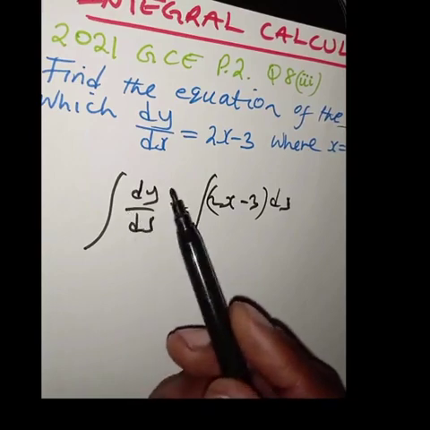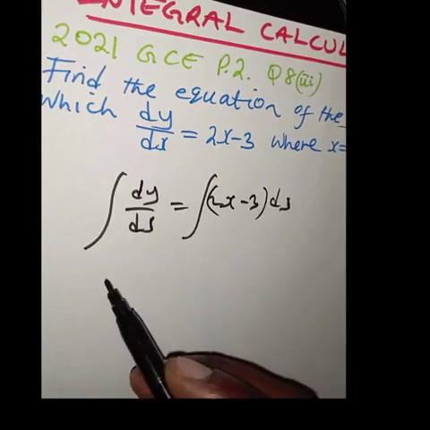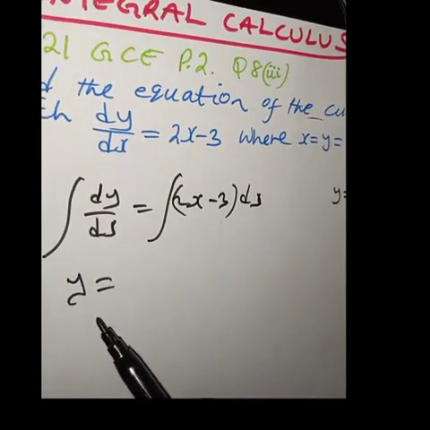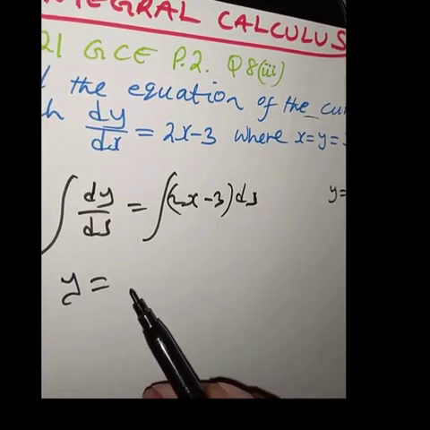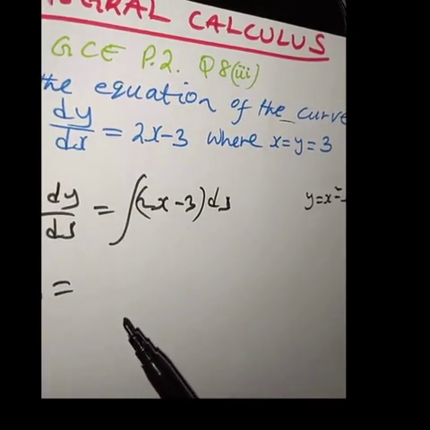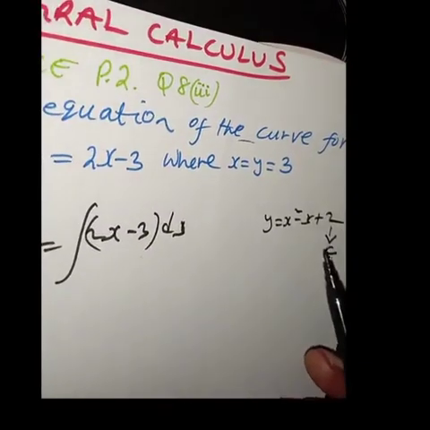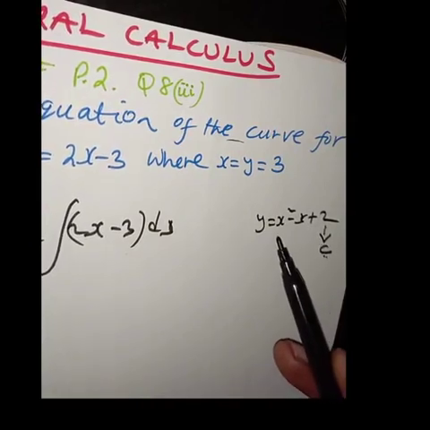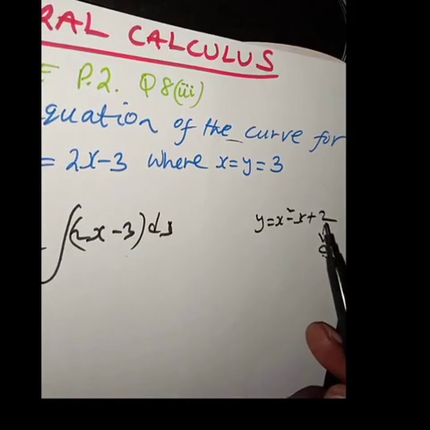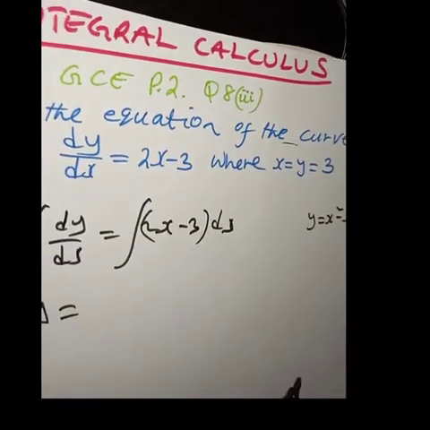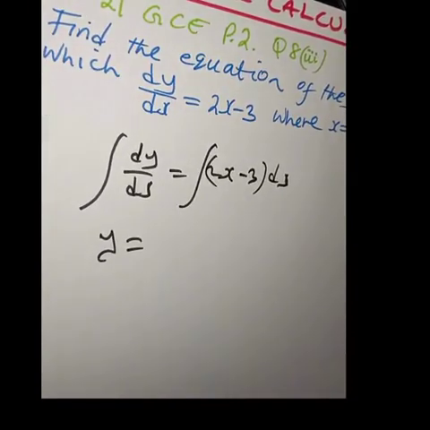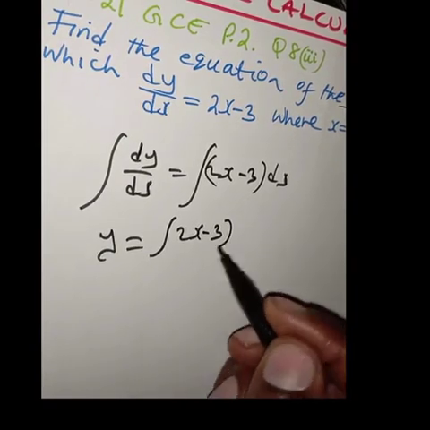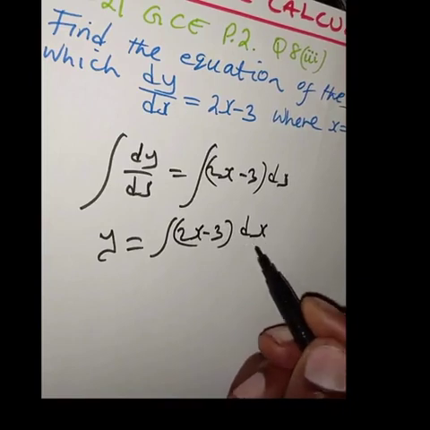So when you integrate dy/dx, what remains is y. Remember, it has to be in such a format, which starts with y is equal to, with a constant. So now we have remained with this one with respect to x.